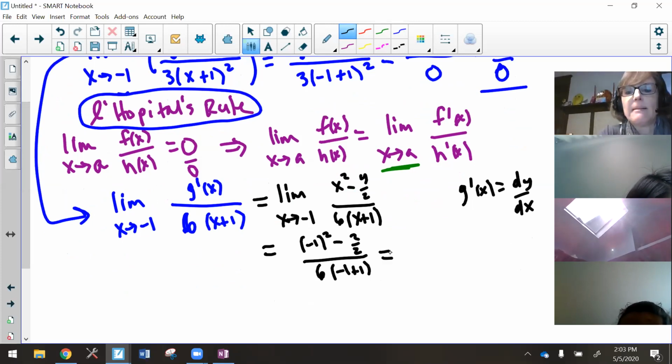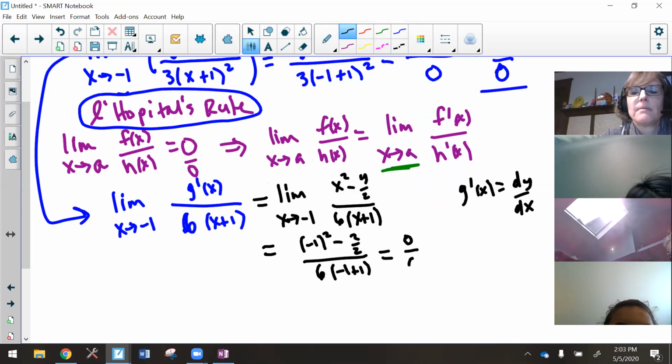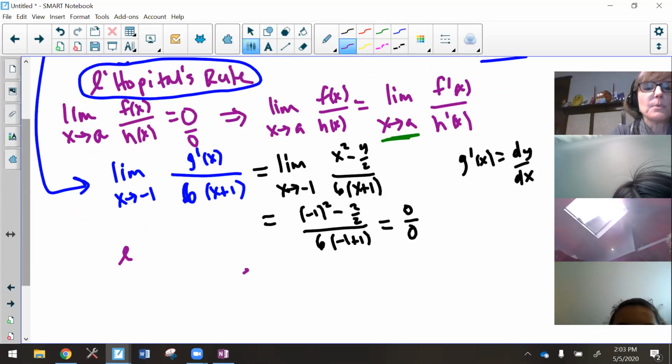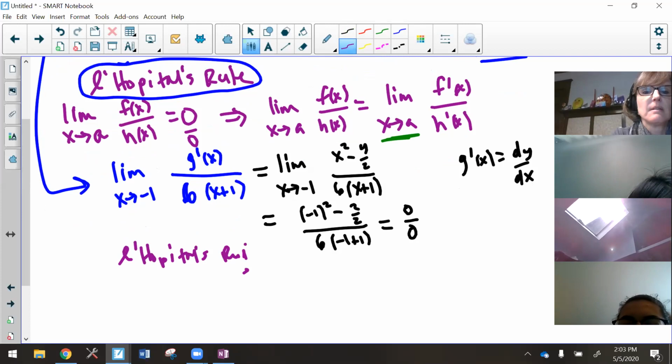And what am I going to get? 0 over 0. Which means that, again, I can use L'Hopital's rule, even though that does not look like L'Hopital's rule.